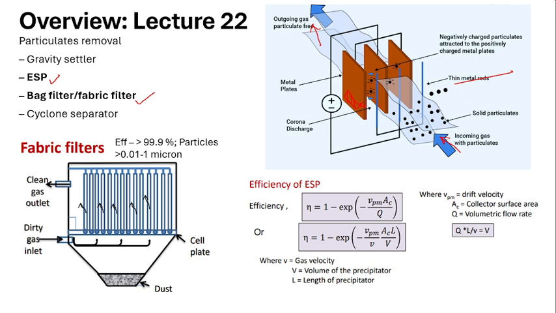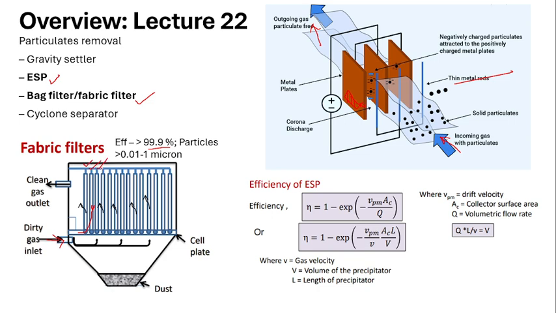The next method is using the fabric filter. This is the most efficient one, with an efficiency of 99.9%, and it is applicable for particles of size from 0.01 to 1 micron. If you see this fabric filter, the dirty gas enters in this way and passes through each filter. We have different filters here.